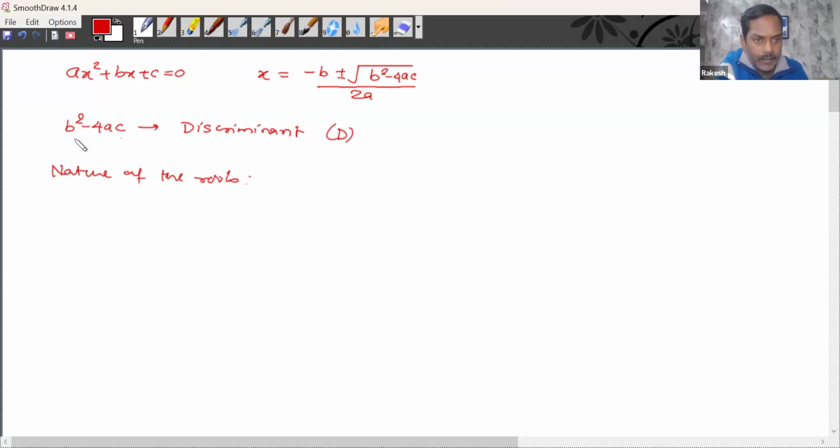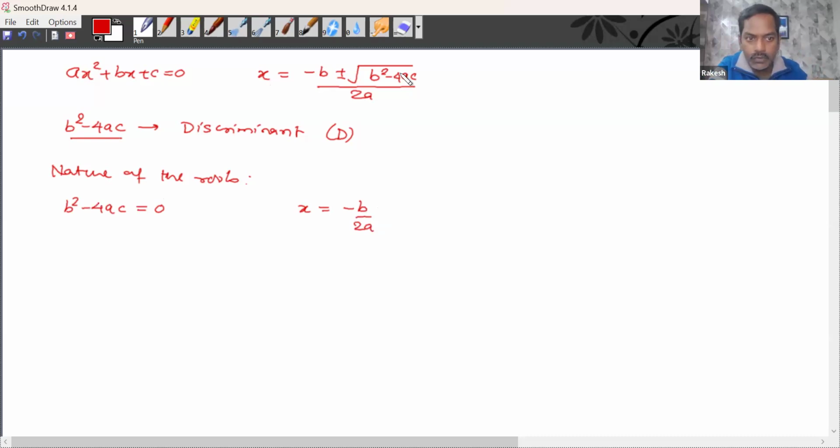If this discriminant b square minus 4ac is equal to 0, then this formula will reduce to the value of x, which is minus b over 2a, because everything else will become 0. So I'm getting only one root.